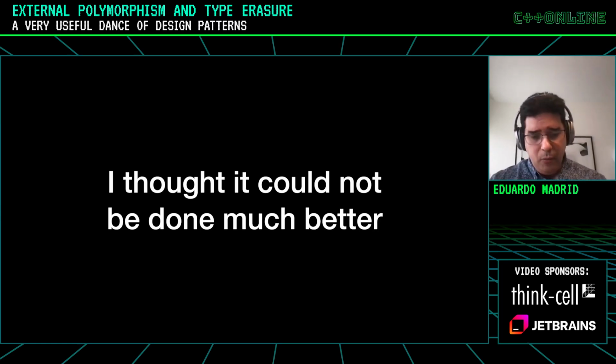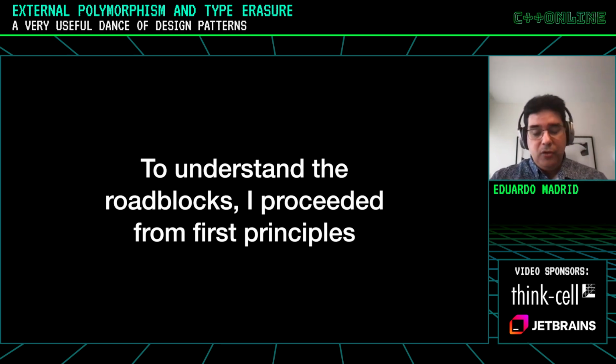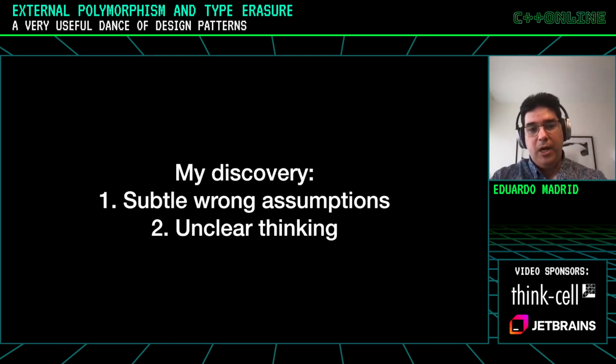So when I first discovered or noticed things like, for example, that a standard function didn't respect the single responsibility principle, my understanding at that point led me to conclude, I'm talking of 2017, that perhaps it could not be done much better. And to understand the roadblocks, I decided to set out on a journey of exploring that from first principles and see how far I could get. My discovery, number one, we are baking really, really deeply harmful and subtly wrong assumptions.